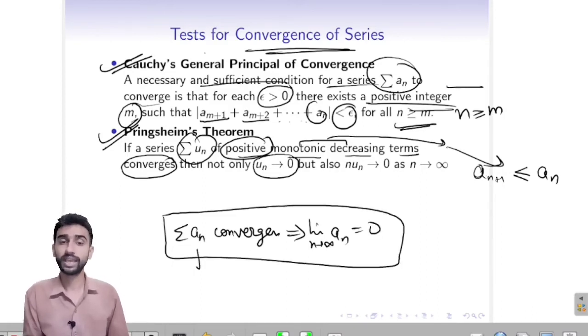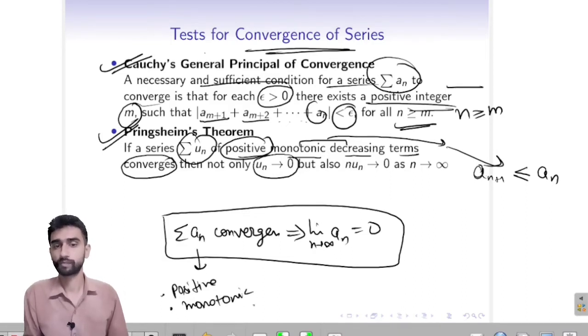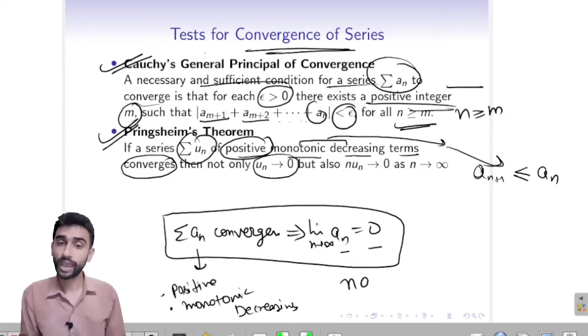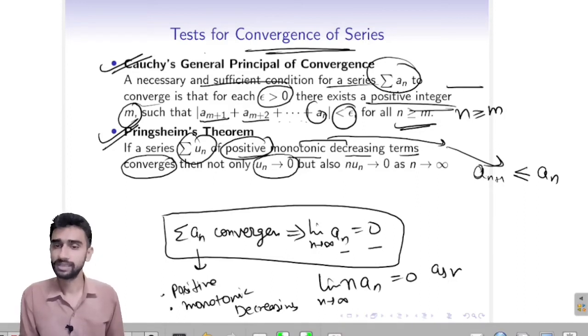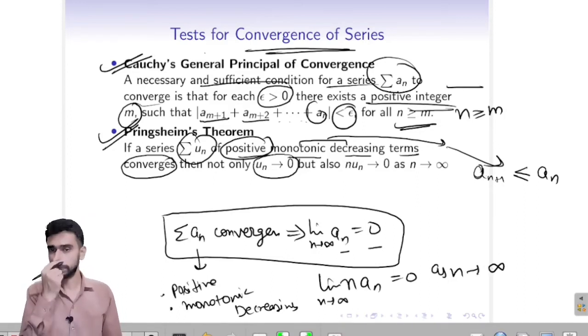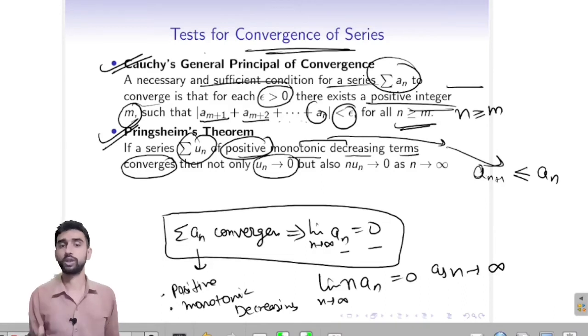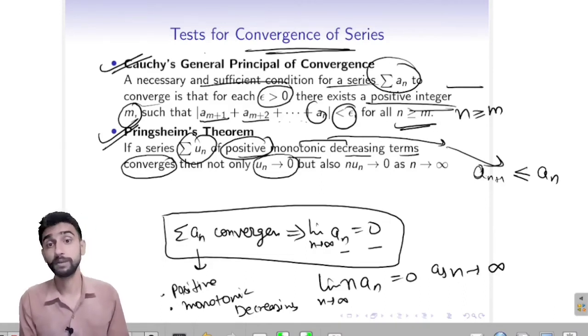Now it is saying if the terms are positive and, second, monotonic decreasing, then an tends to 0, but also the limit of n times an as n tends to infinity will also be equal to 0. So this is true only for positive and monotonically decreasing series.